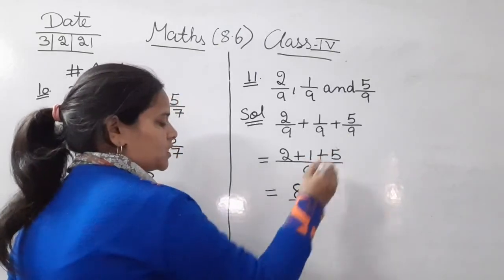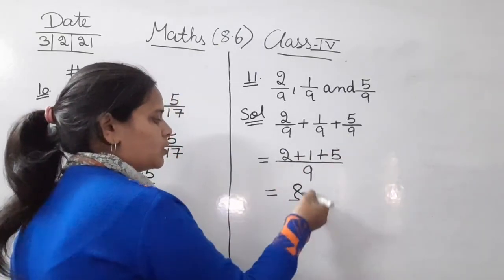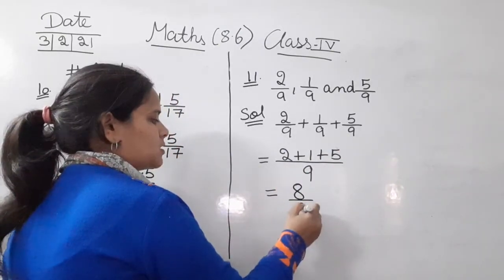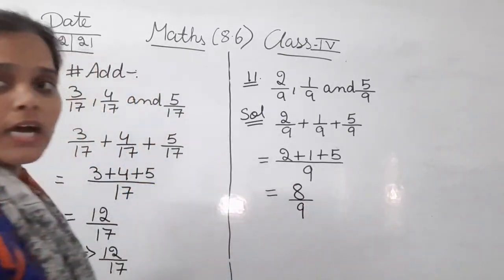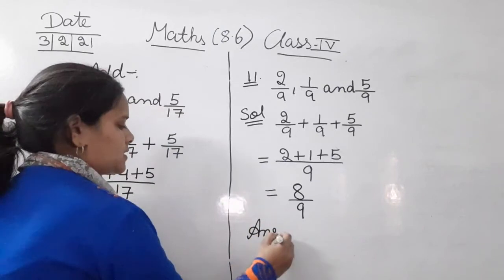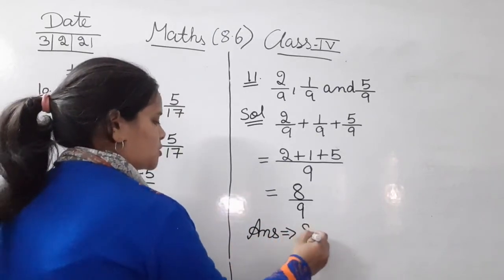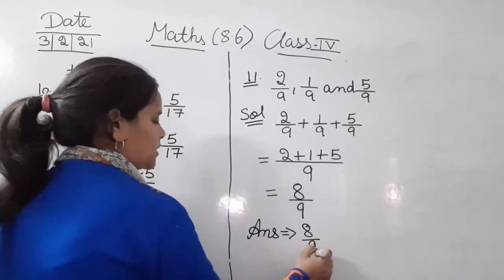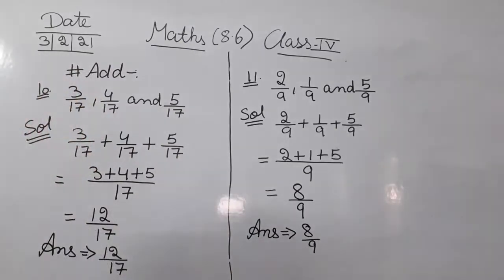The numerator is 8, the denominator is 9. So the answer we got after adding these three fractions is 8 upon 9.